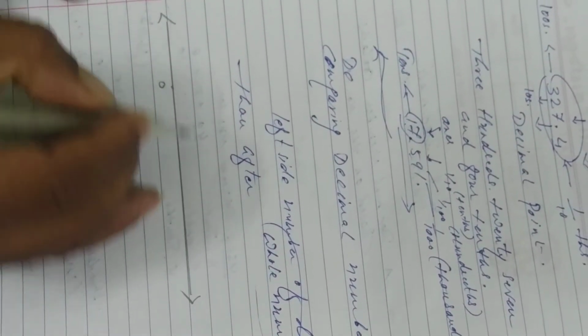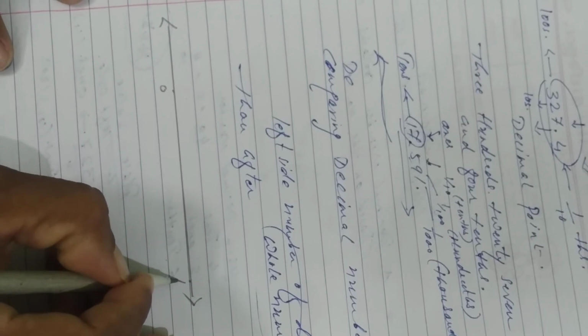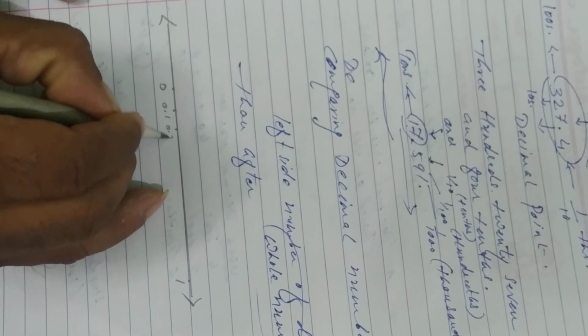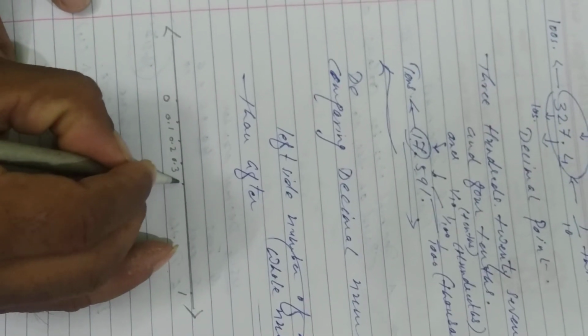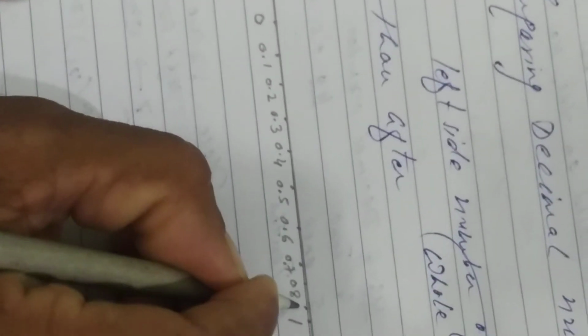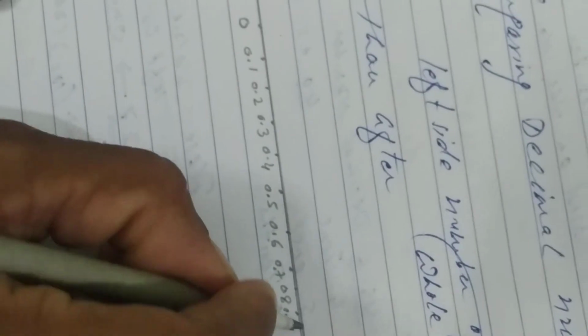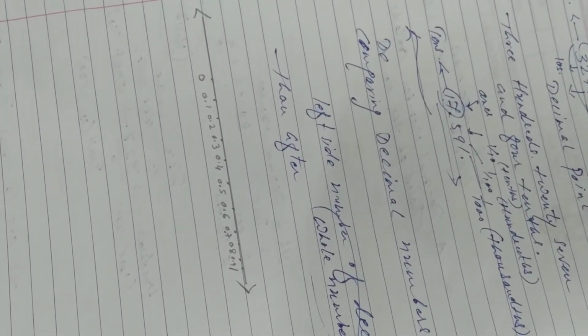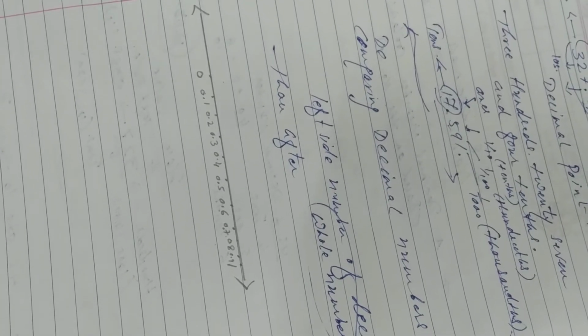Suppose 0, 1, 0.1, 0.2, 0.3, 0.4, 0.5, 0.6, 0.7, 0.8, 0.9, and then after 1. So like this way we can represent the numbers on a number line.